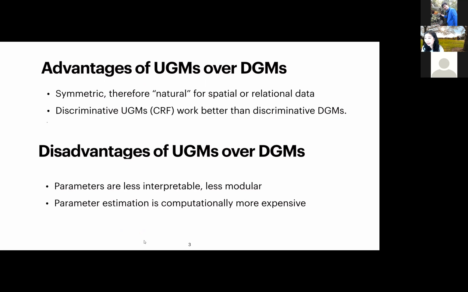Although I haven't told you how we can use graphical models for them, this is just the basic idea. Also, the discriminative undirected graphical model, often called a conditional random field, sometimes works better than the discriminative directed graphical model. Of course, I don't have the details here, but I just wanted to give you a general idea.